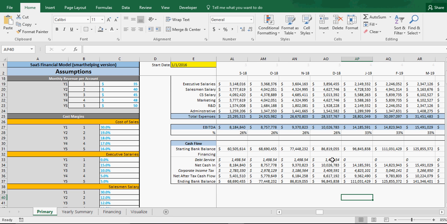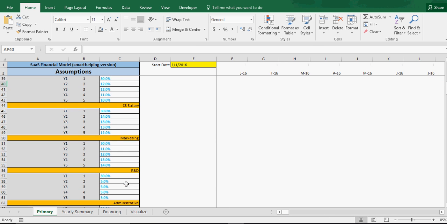We paid off the loan, and the corporate income tax breaks out the amount of interest paid each period, so that you're only getting a tax break from interest, and it's adding back in the principal payment to your net cash in to get your corporate tax amount. I've also had a schedule here for corporate tax rate by year. So you could say year one, well, you're not going to make any money, so it's 0%.